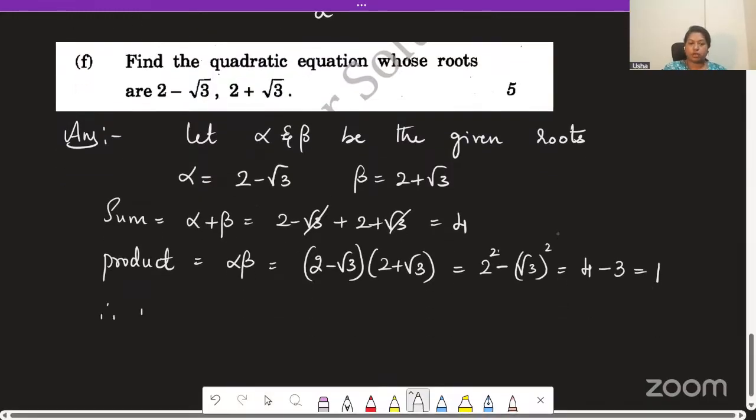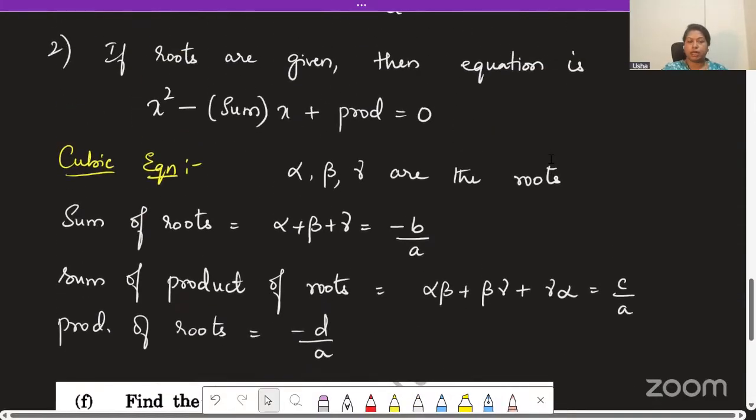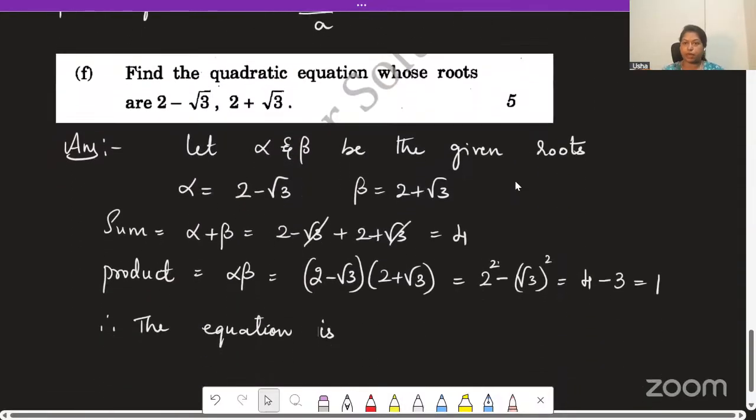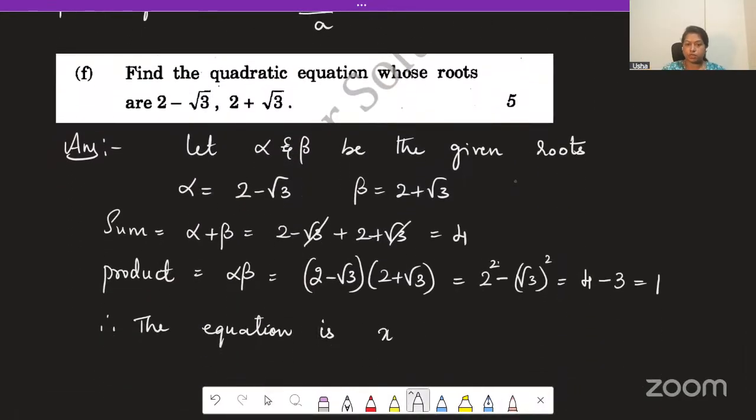Therefore, the equation is, write this formula that I have mentioned here: x square minus sum into x plus product equals to 0. In the next line, you substitute this. X square minus sum is 4, 4 into x plus product is 1 equals to 0.